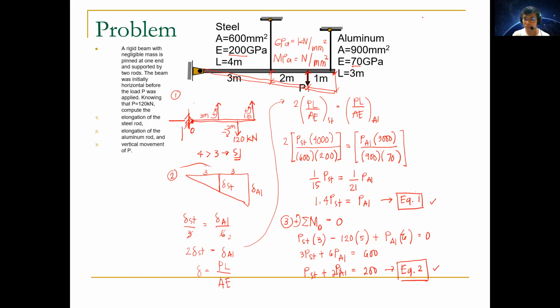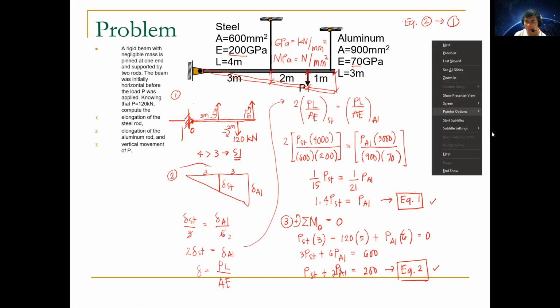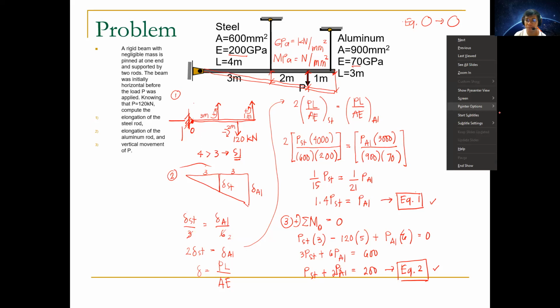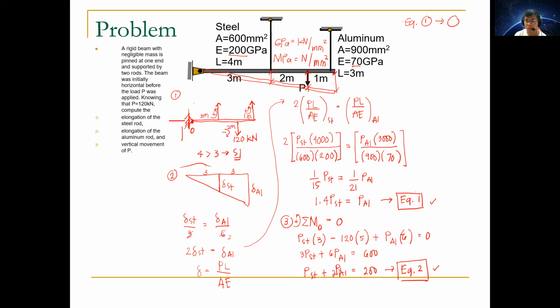Using equation 1, which is simpler, you just plug it in equation number 2.